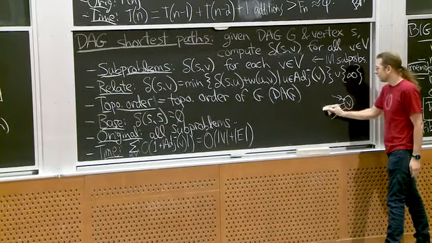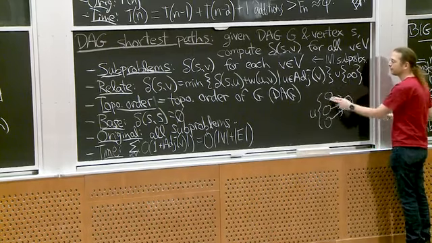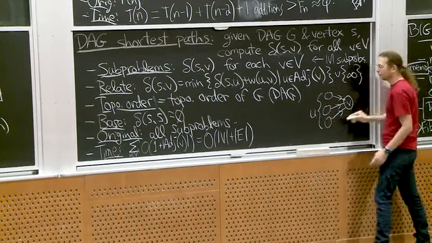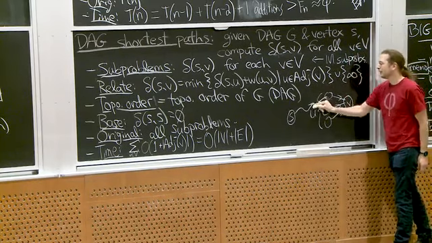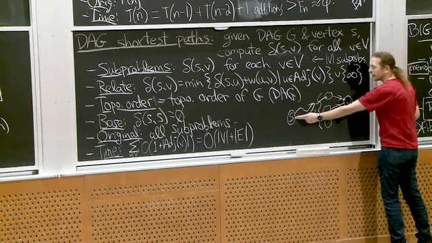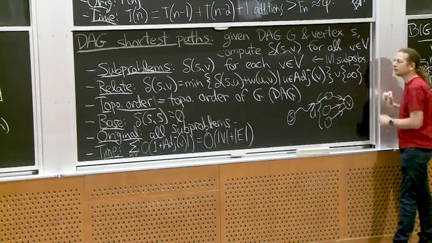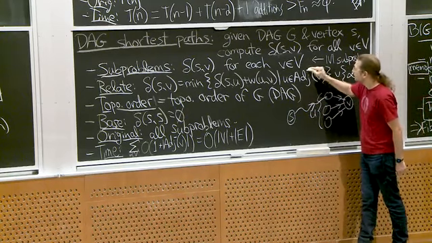And so we can consider all of the possible choices for the previous vertex u. And if you start at S and get to v, you must go through one of them. And so this is finding the best way among all the choices of u. What's the best way to get to u, and then take the edge from u to v for all edges uv. And this is adjacency minus.